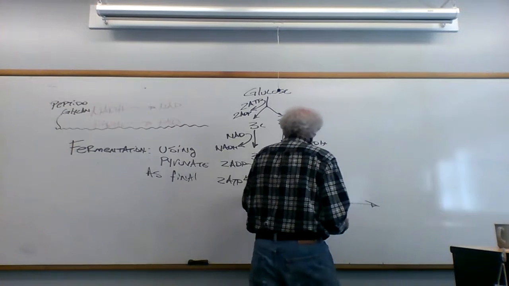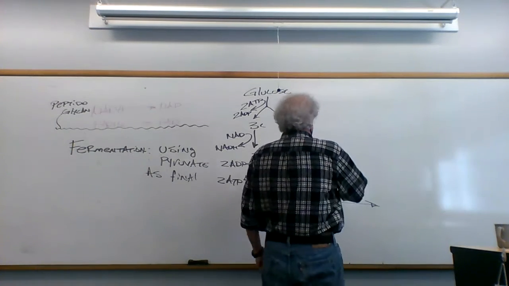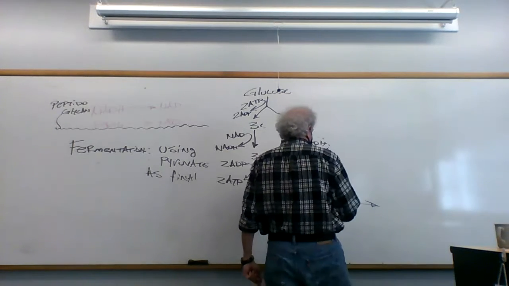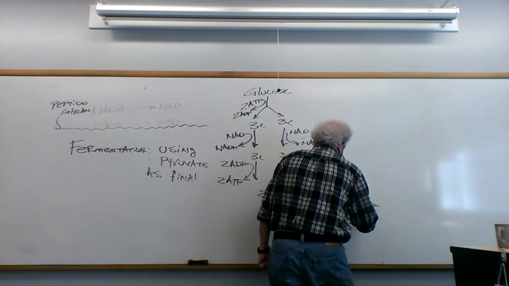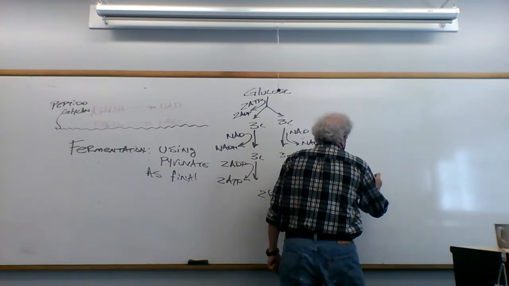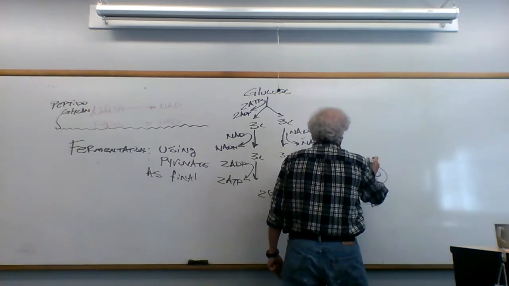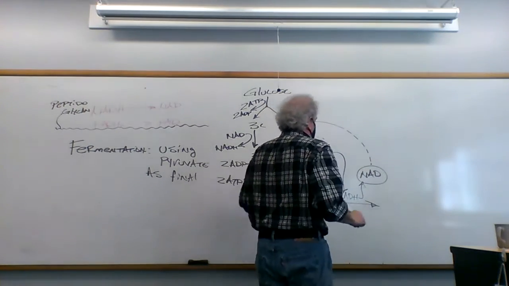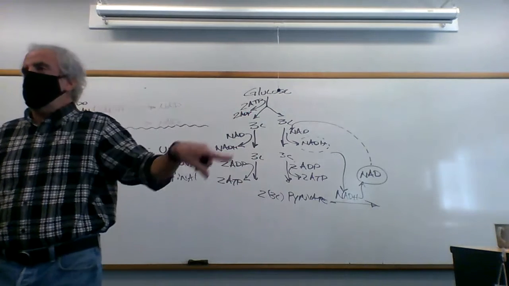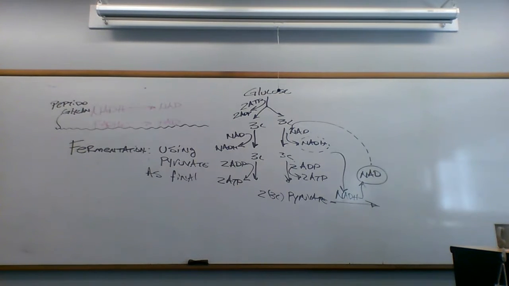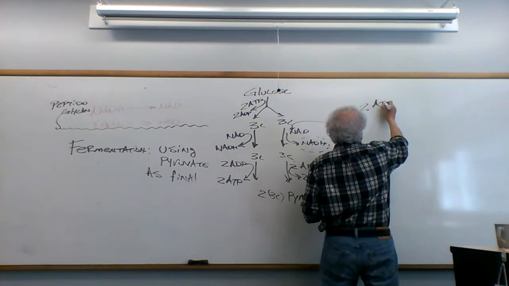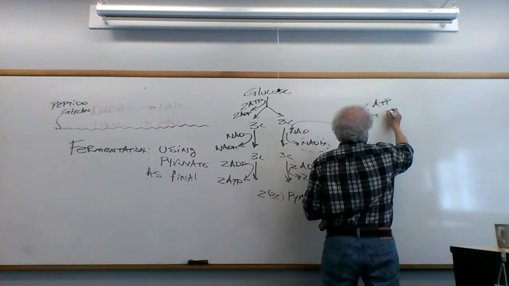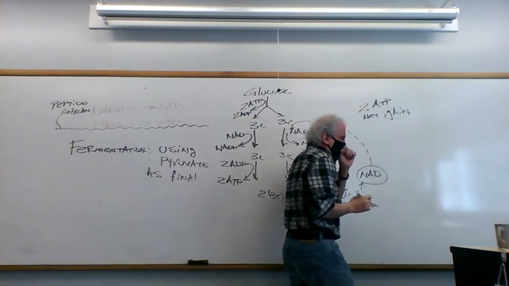In order to reduce pyruvate, add an electron, we're going to take NADH and dump the electron there. It is now reoxidized back to NAD, and it can go right back here and just do a little quick circle turnaround. This is not doing a whole lot for the cell, but what it does do is maintain the 2 ATP net gain.